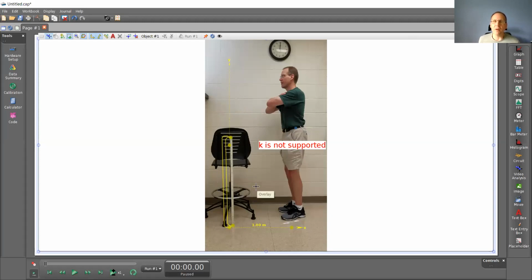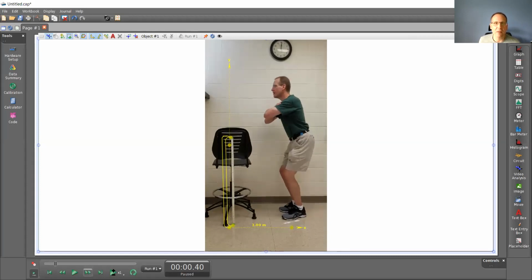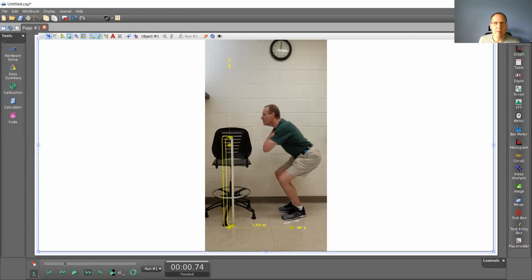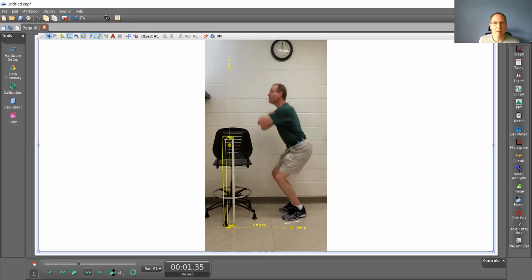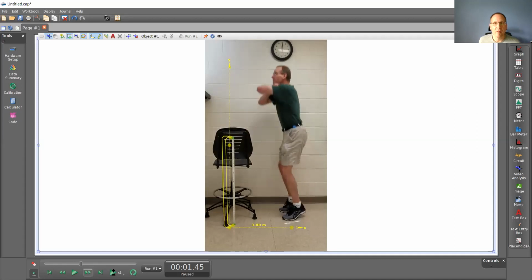Then you're only going to analyze the motion of me jumping when I'm in the air. So you have to fast forward, go to next frame until my feet clearly leave the ground. So maybe right there.